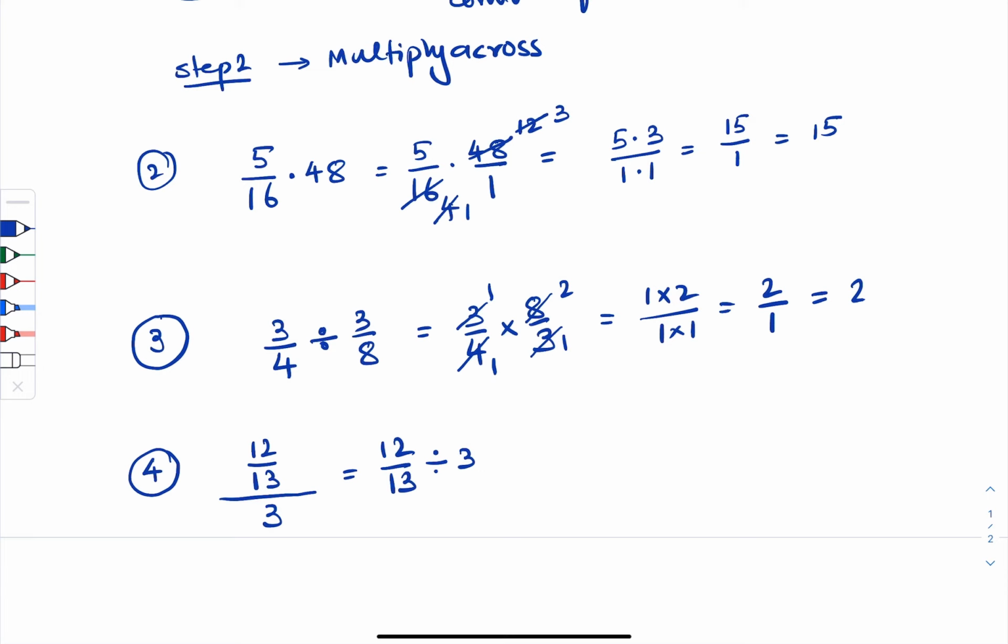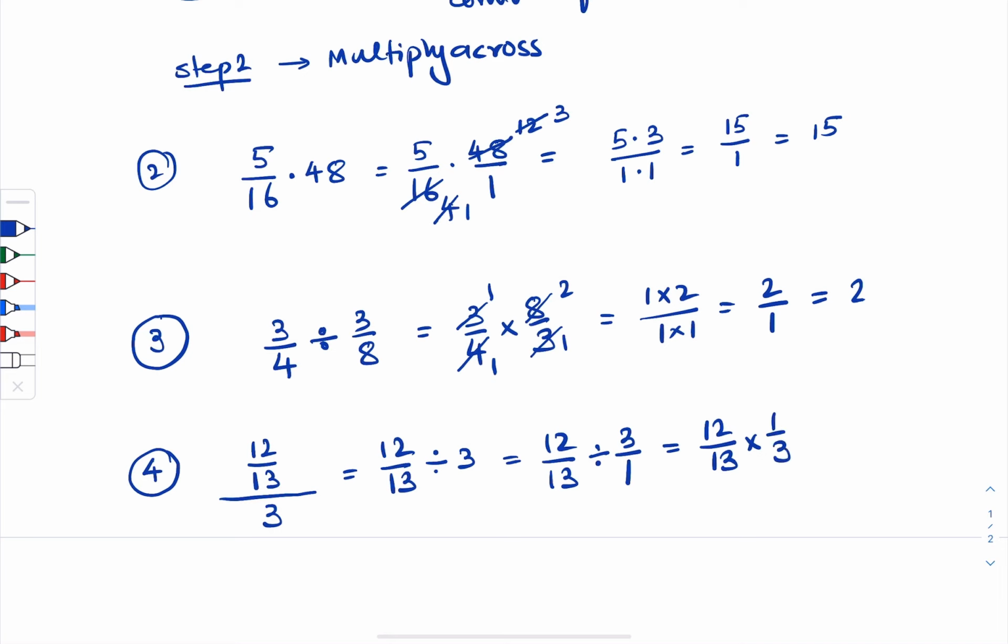So now you're looking at something that looks very much like this fraction, except for the 3 is a whole number. So we'll change the 3 into a fraction first. So 12 over 13 divided by 3 over 1.